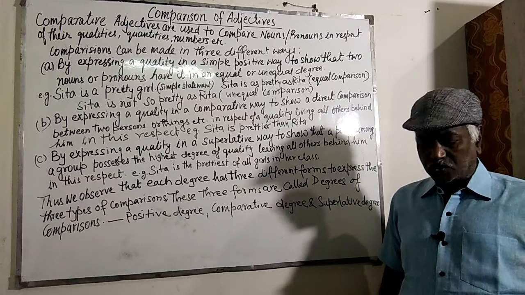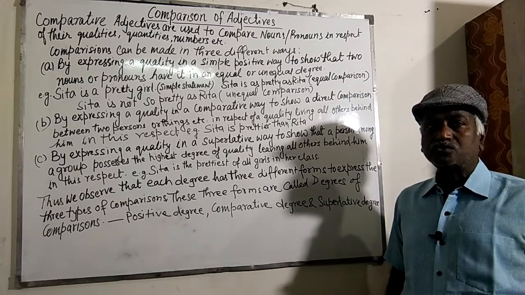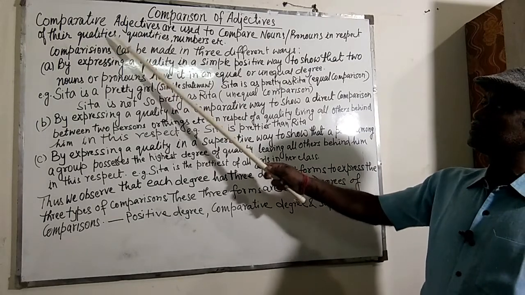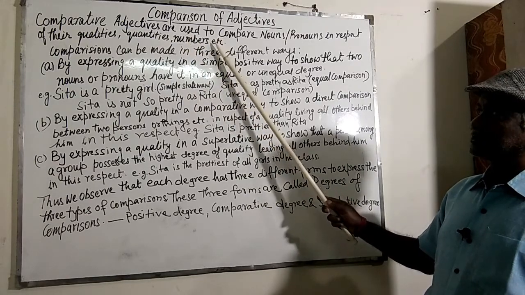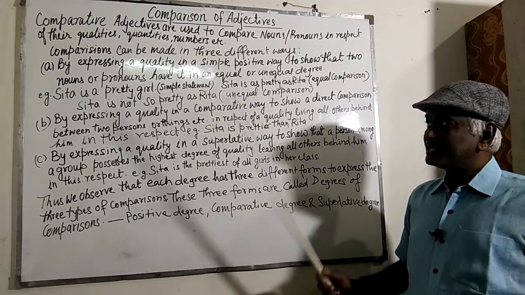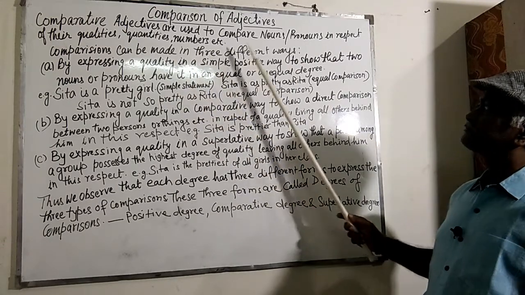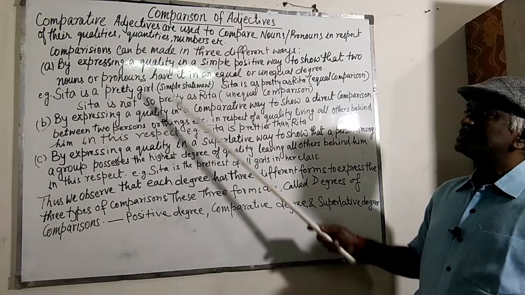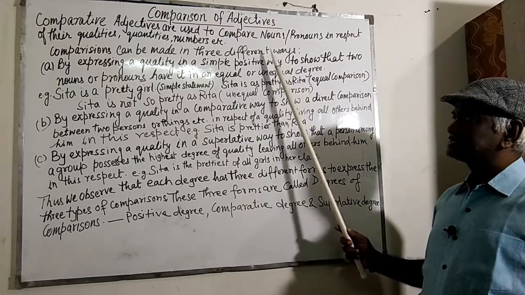Comparative adjectives are used to compare nouns or pronouns in respect of their qualities, quantities, numbers, etc. These comparisons can be made in three different ways. In other words, I can say these comparisons can be used in three different ways.